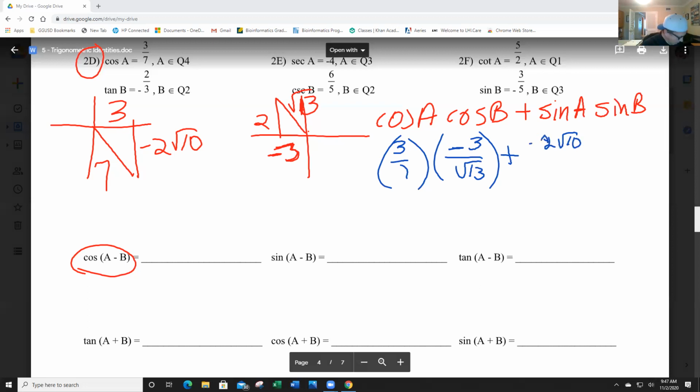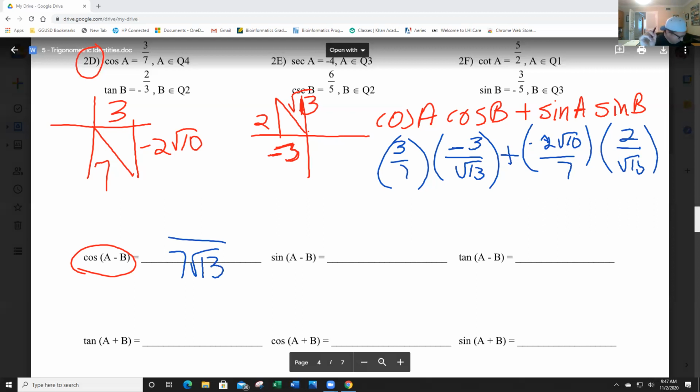Negative 2 radical 10 over 7, parentheses, times 2 over radical 13. Okay, getting the denominators very easy. That's 7 radical 13. I'm not going to rationalize it.